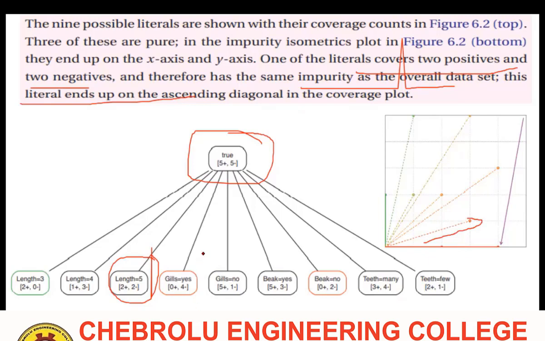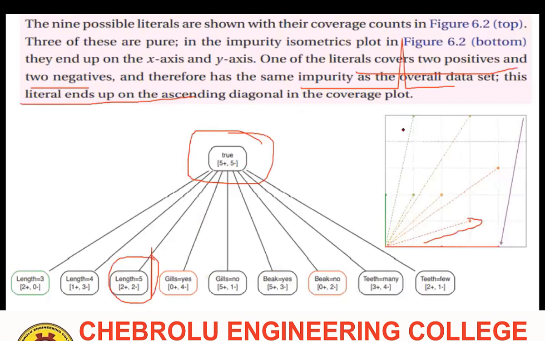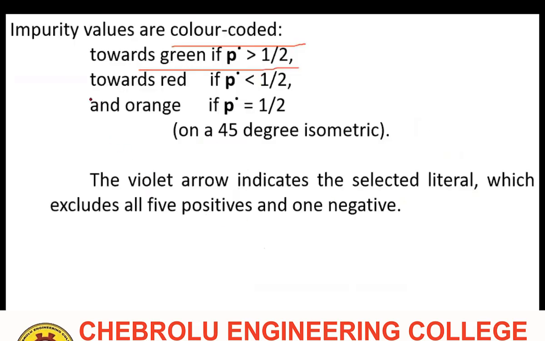This is how rule-based learning will come. Now, impurity values are color coded. Towards green, p is greater than 1.2. And towards red, p is less than 1.2.